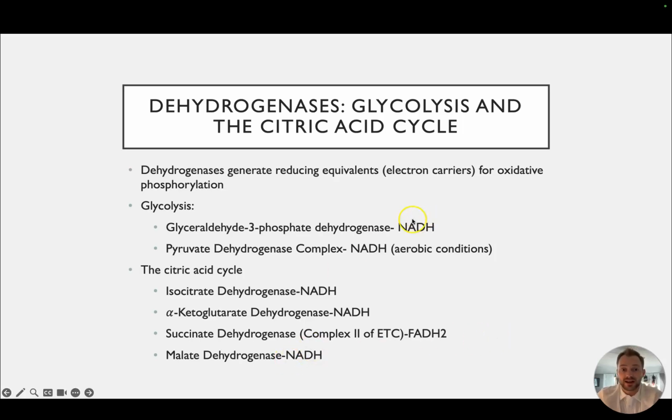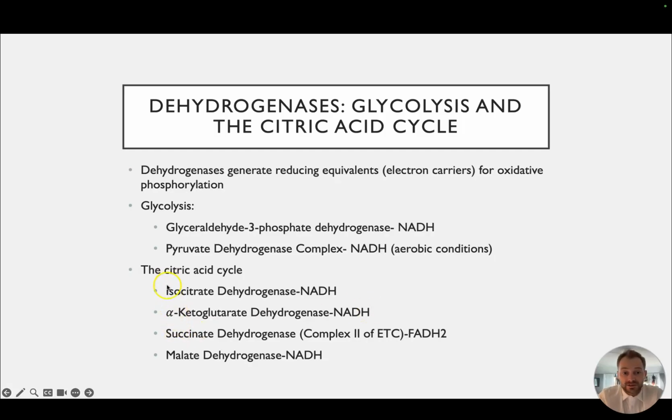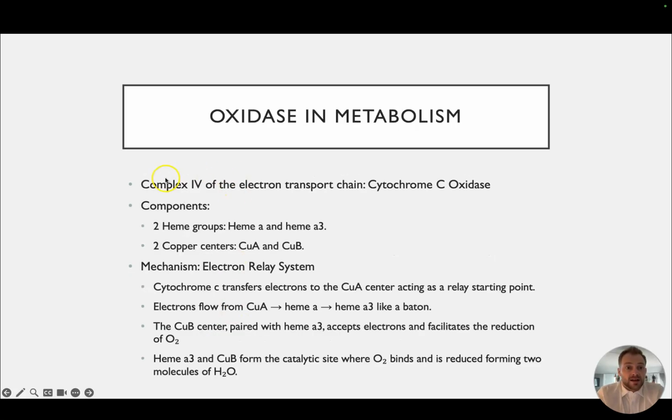We've got glyceraldehyde 3-phosphate dehydrogenase, which gives us the reducing equivalent NADH. We also have some important enzymes in the citric acid cycle, which we already talked about, isocitrate dehydrogenase and alpha-ketoglutarate dehydrogenase.